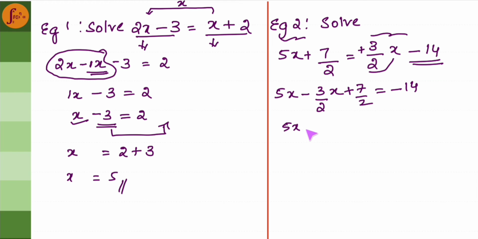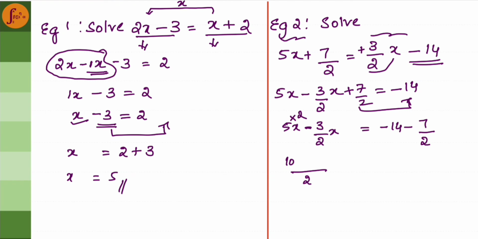Now we'll copy the same thing and we'll shift this here now. We don't want this. We just want the x variable on the left hand side. We'll shift this here. So it's going to be minus 14. There is plus 7 by 2, so it will become minus 7 by 2. Now we'll calculate. We'll take the LCM. 2 is the LCM.